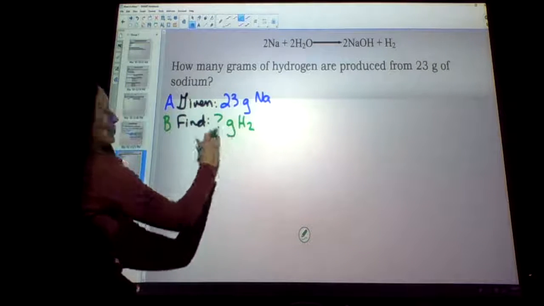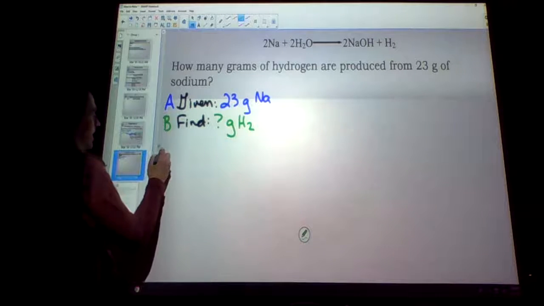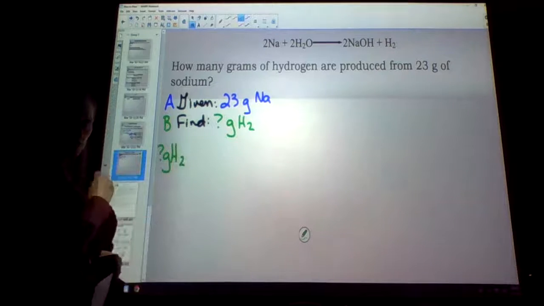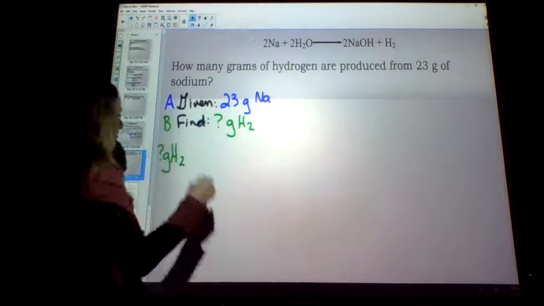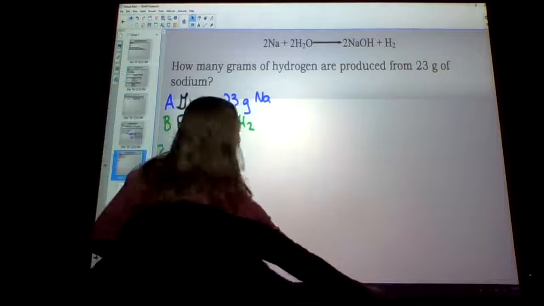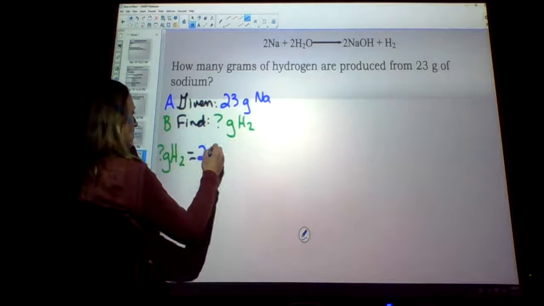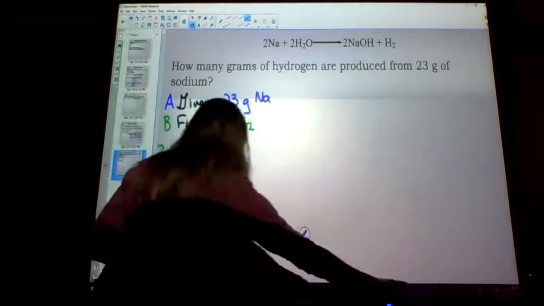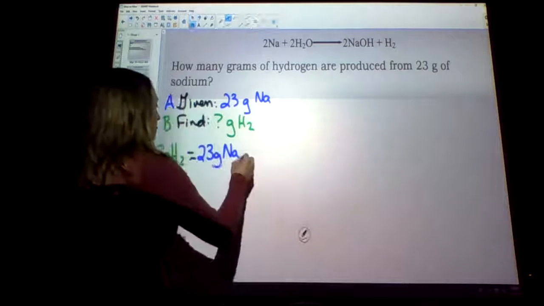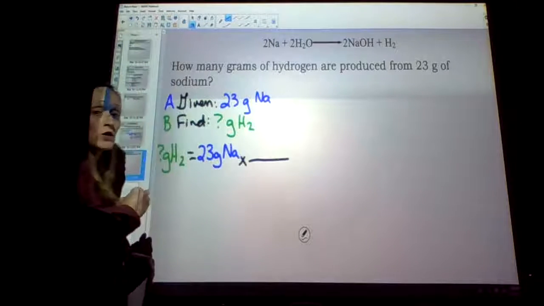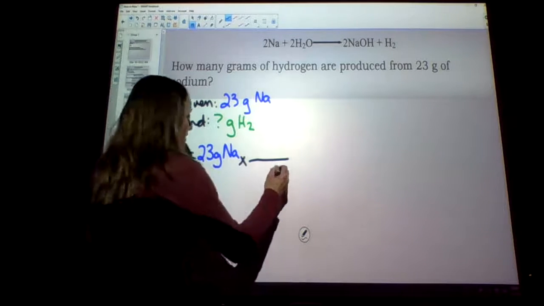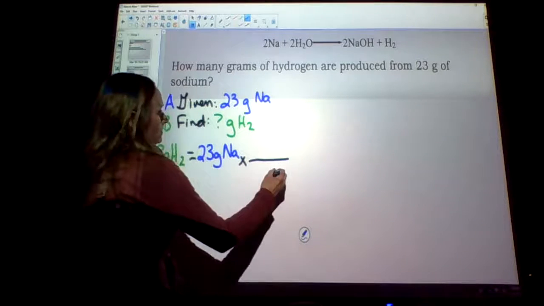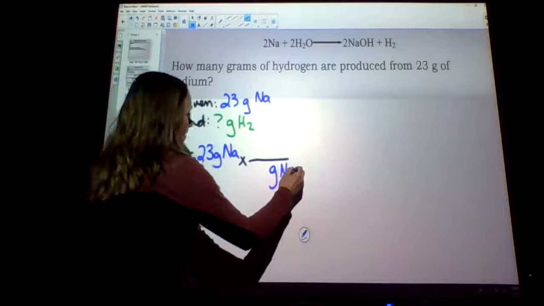So we're going to start with our find: question mark grams of H2. That's going to equal our given, which is 23 grams of sodium. If we want grams of sodium to cancel, that will go on the bottom.